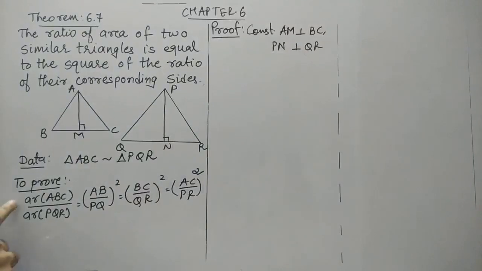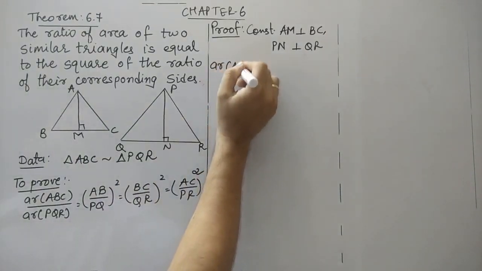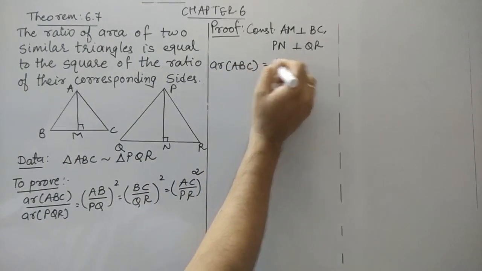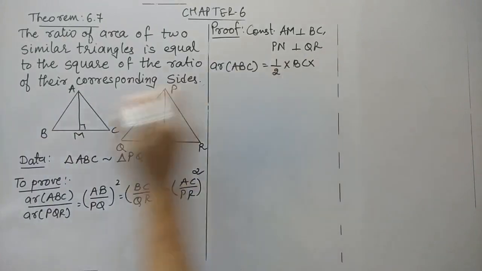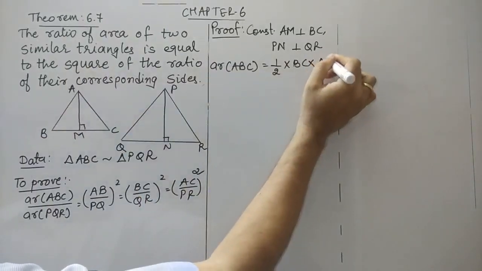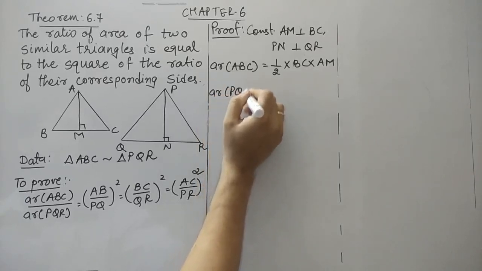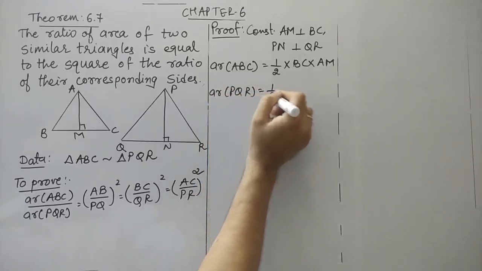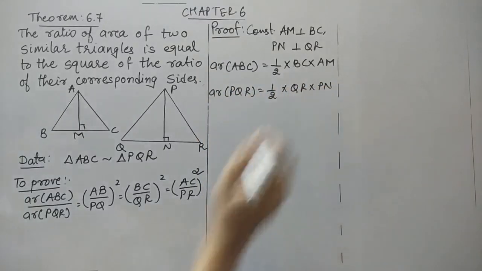Now we require the ratio of the areas. We know that the area of a triangle is half into the corresponding base into the height. So for ABC, it is half base BC and the height AM. In the same way, the area of PQR is half the corresponding base QR and the altitude PN.